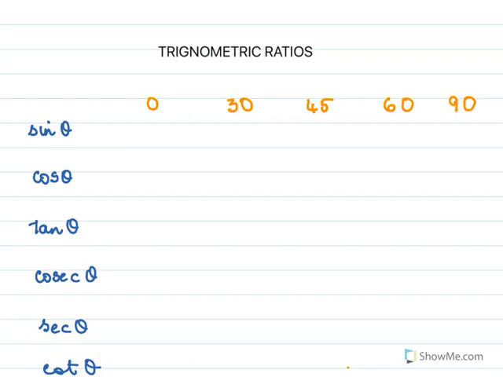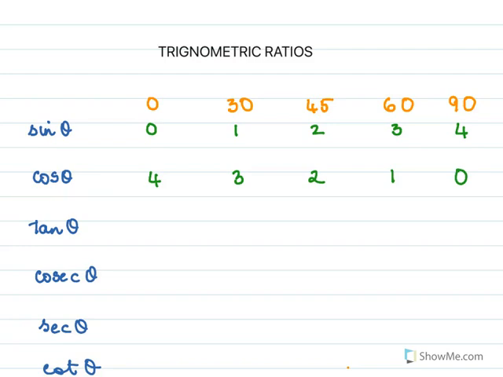For the first step, you just write the numbers from 0 to 4. So you write 0, 1, 2, 3, 4. And for cos, you write just the opposite: 4, 3, 2, 1, 0. This is the first step.